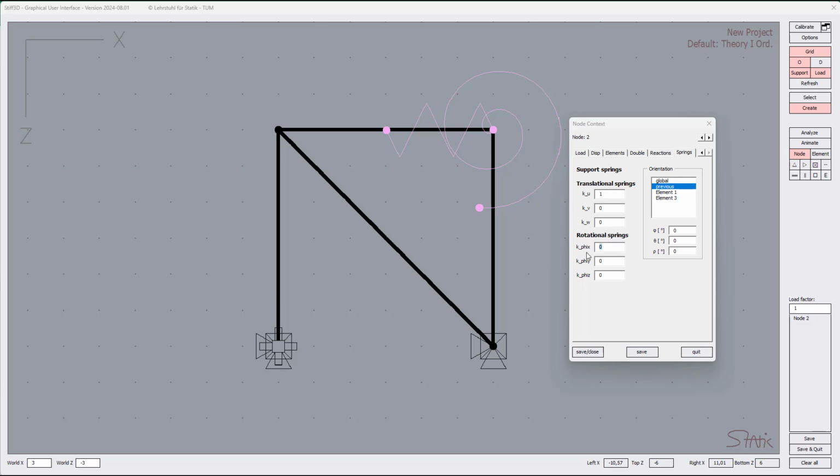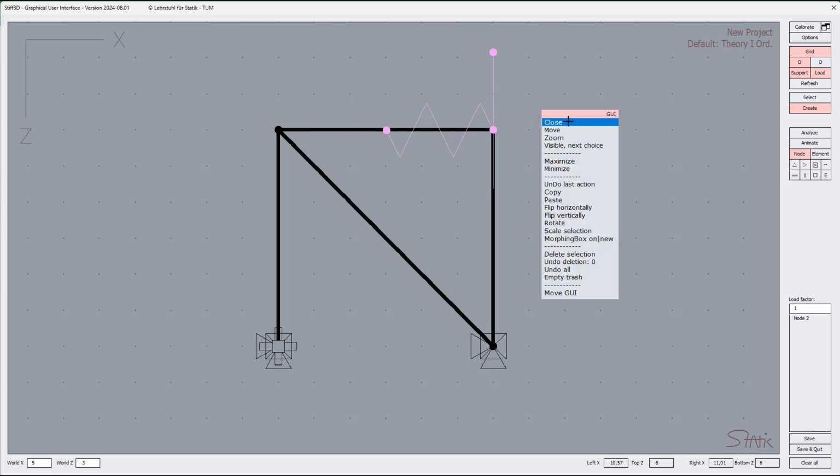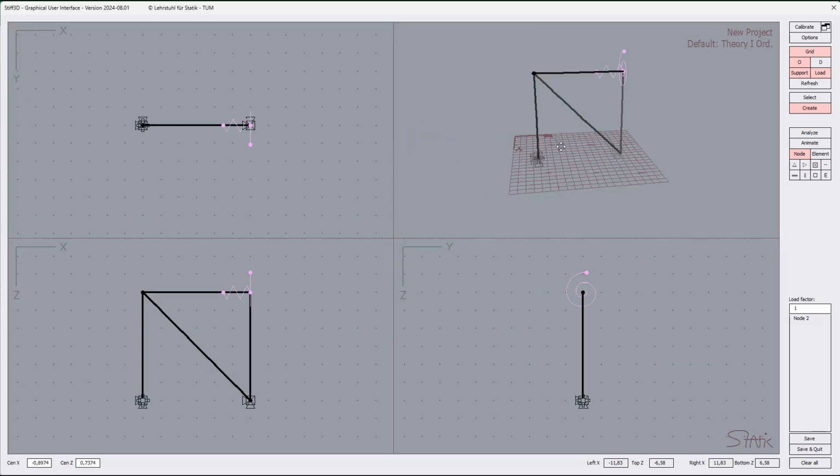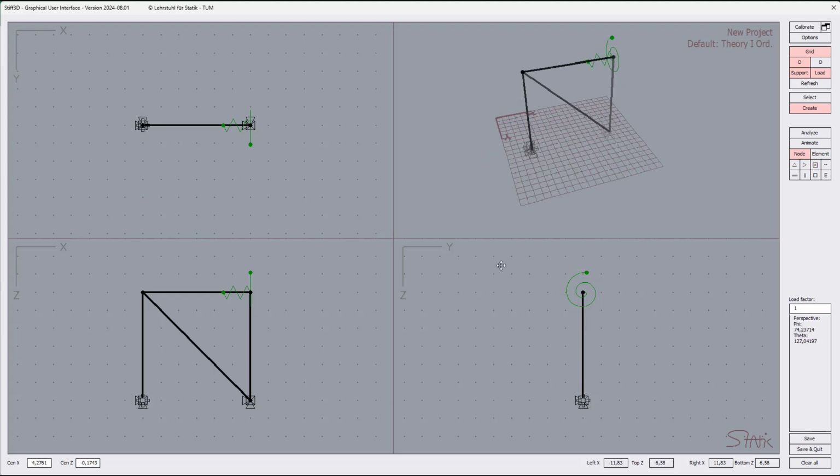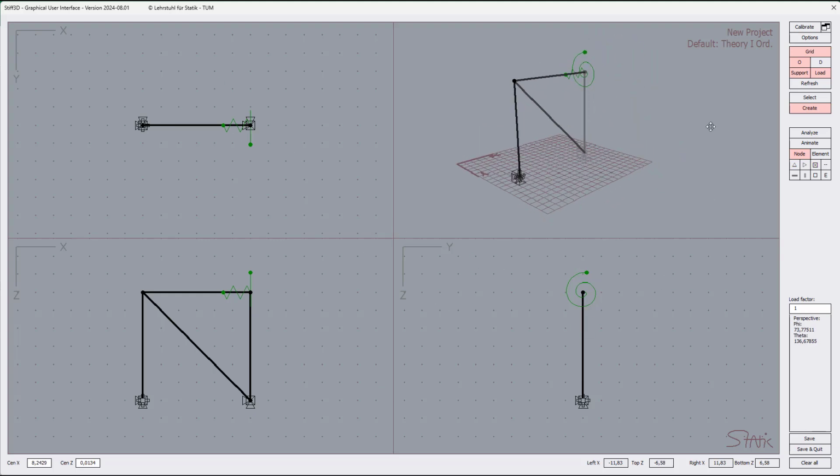Or another example, the rotation around the x-axis, then it would look like that. You just see this rotational spring from the side, which does not make sense in that view, but if you minimize the view, then you see the consequences for the other views, or here in 3D, how these rotational springs are aligned.